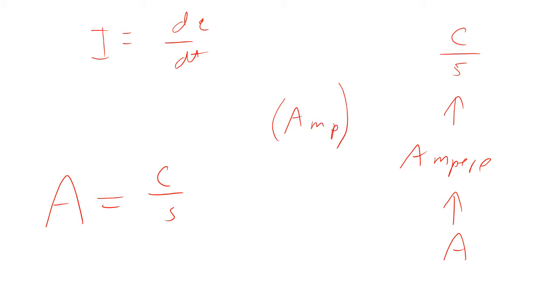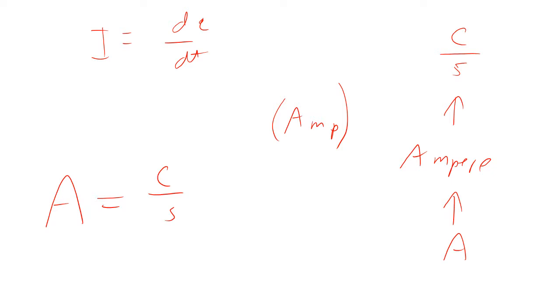But really we ought to call it ampere, because that's actually the guy's name, Andre Ampere, and we want to give credit where credit's due for his work in all this. But anyway, an ampere is a coulomb per second.